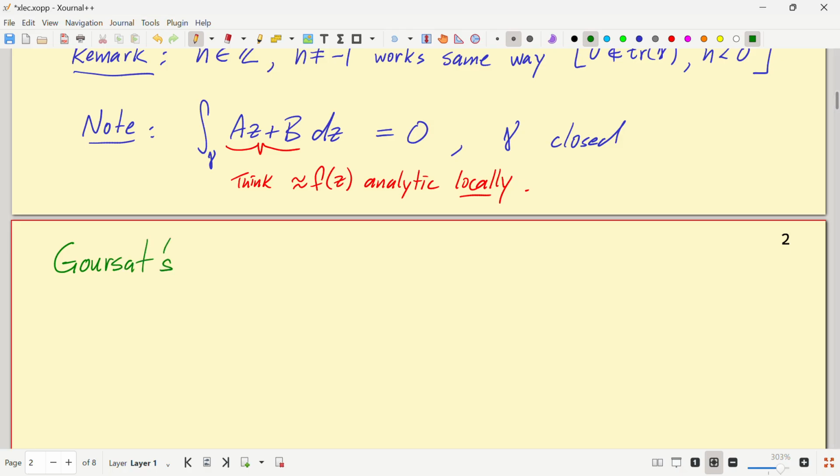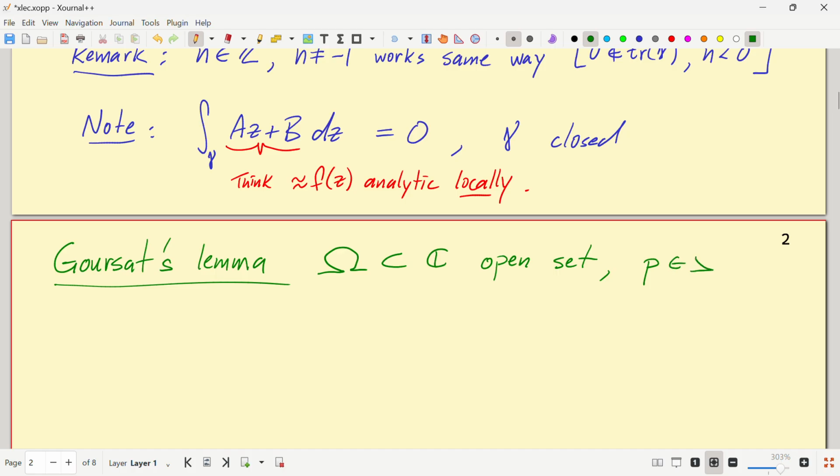Goursat, the French mathematician, he wrote a big calculus book that everybody loved for a long time. So let's see, it's about an open set, I've got omega in the complex plane, an open set. There's going to be a crazy one point floating along that I'll always be mentioning, but surprising how unimportant it is: a point p in there, and f, which is going to be analytic.